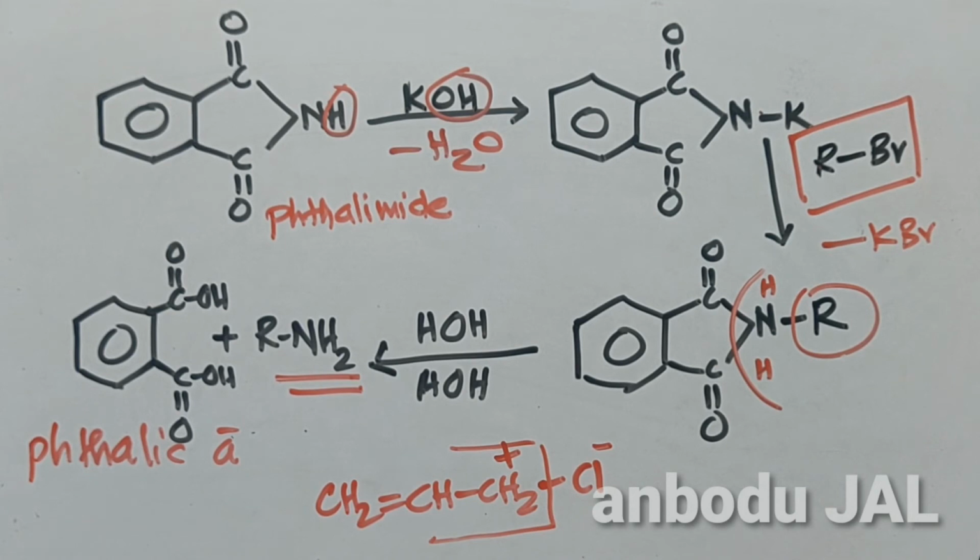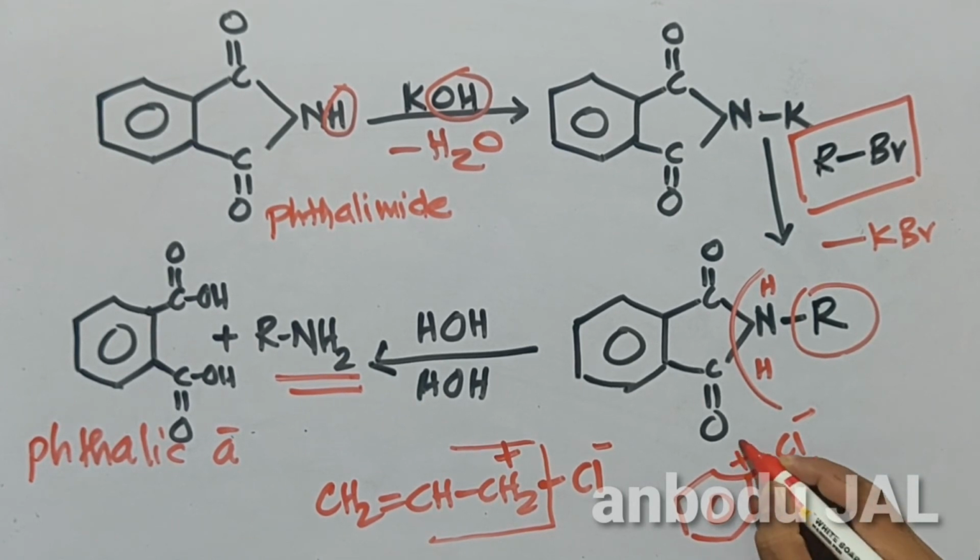If an aromatic amine is to be formed from Gabriel phthalimide synthesis, then we should use aryl halide. But aryl halides are very less reactive in nucleophilic substitution reactions. Why? If halogen is attached to an aromatic ring or benzene, then Cl minus will never come out, since after the leaving of Cl minus, there will be the formation of a very unstable phenyl carbocation.